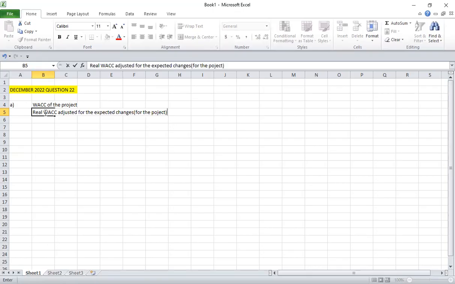So in this case, we shall start with the real WACC, which the question is saying is 8%. Which adjustments do we expect on this?